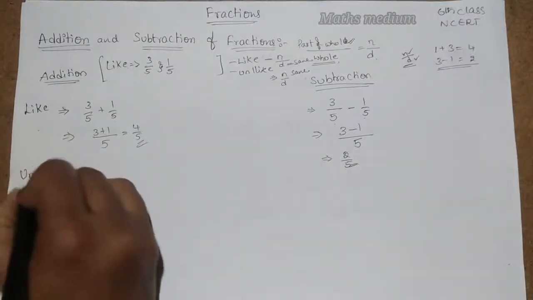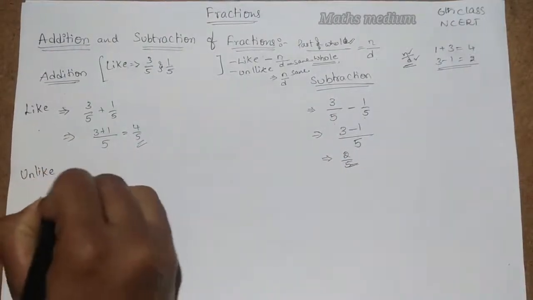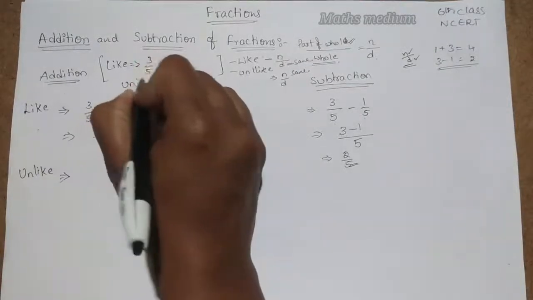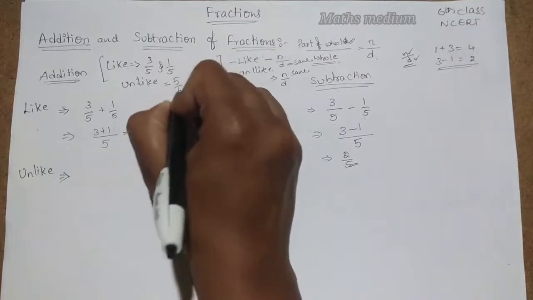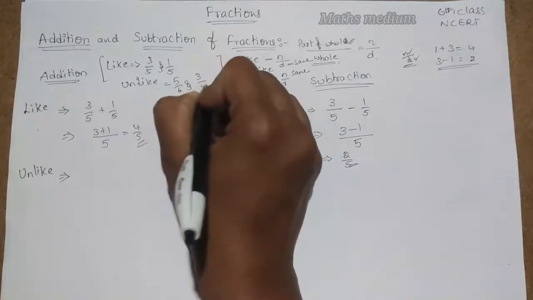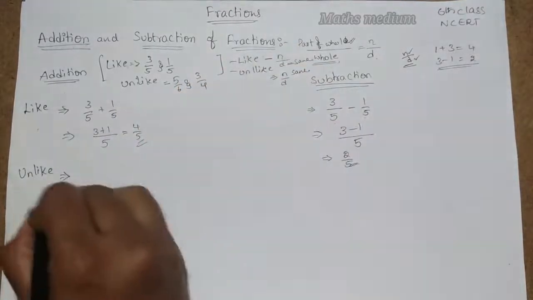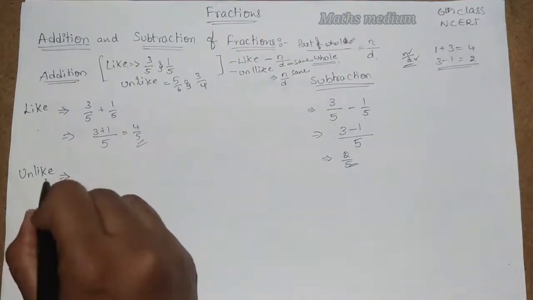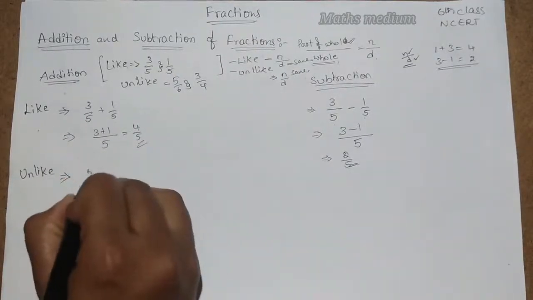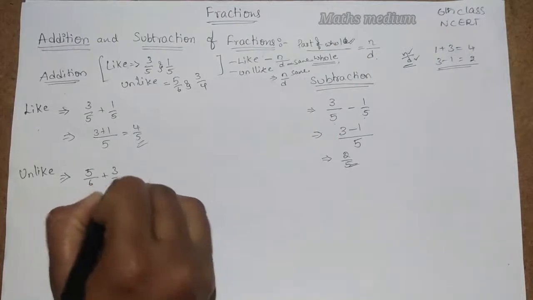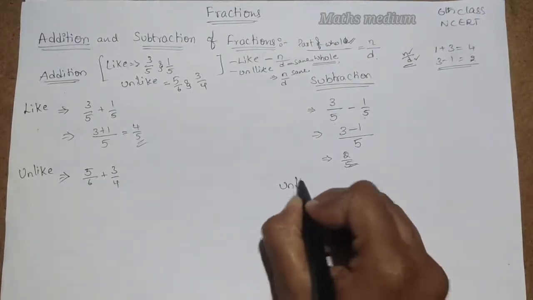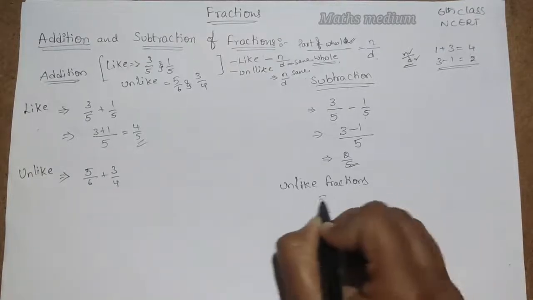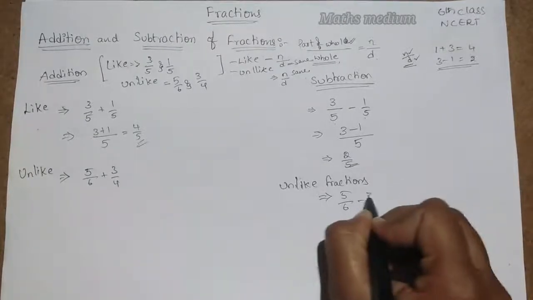If you take unlike fractions, for example 5 by 6 and 3 by 4, how are we going to do the addition with unlike fractions? Given 5 by 6 plus 3 by 4. Here also unlike fractions, 5 by 6 minus 3 by 4.